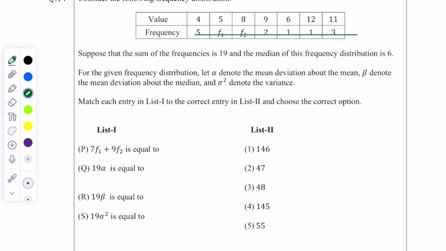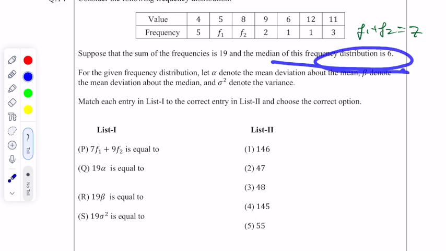The sum of frequencies is 19. And what we have got over here is 5 and 2, that's 7, 8, 9, 12. So f1 plus f2 is 7, that is the first one. Now the median is given as 6.